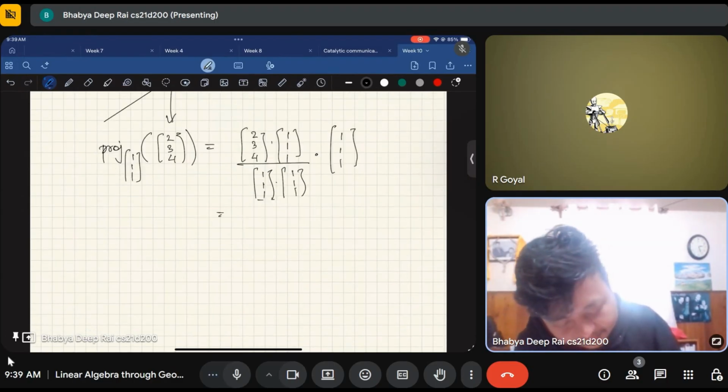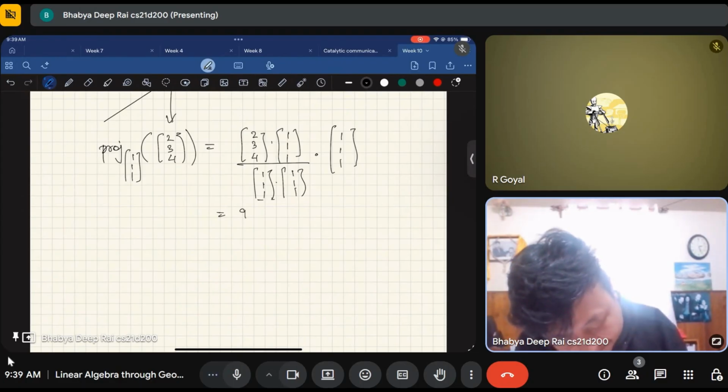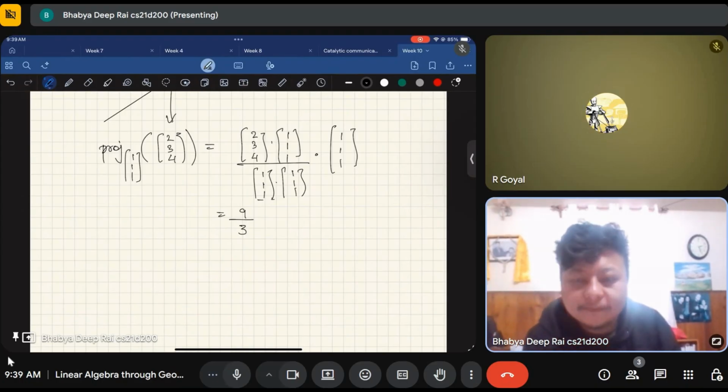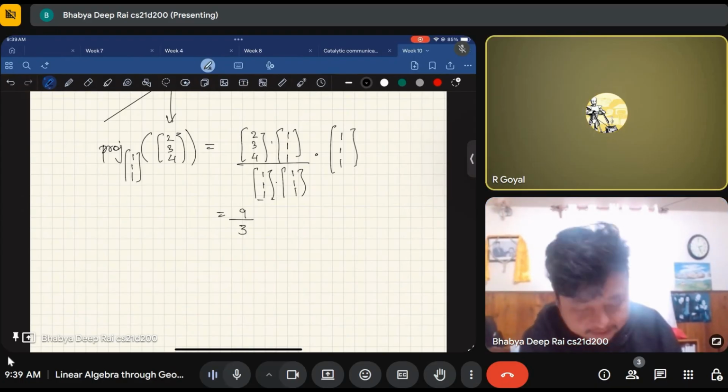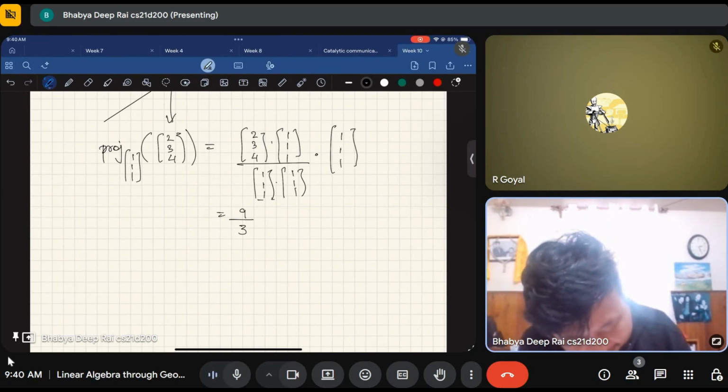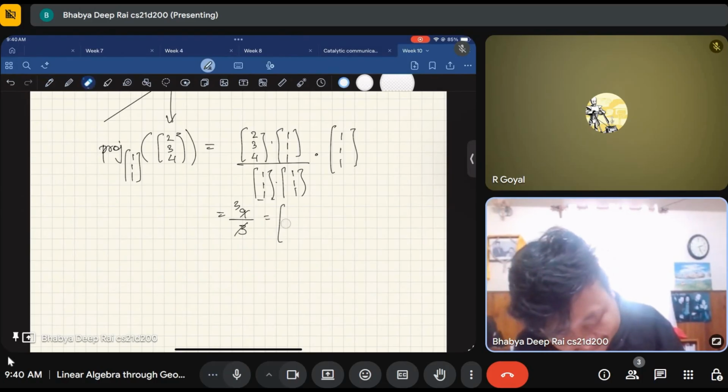This comes to 2 plus 3 plus 4 is 9, divided by 3. You cancel this off, and then you have the vector 1 1 1 on the right also.